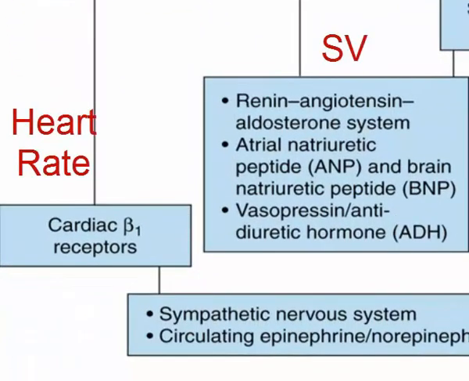Okay, so let's talk about what affects myocardial contractility, i.e. the heart rate. First and foremost, there are receptors called cardiac beta 1 receptors. Hopefully that beta sounds familiar, because in your lower respiratory lecture, you learned about beta 2 receptors that are in the lungs, and then you take medications that are blockers, beta 2 blockers.